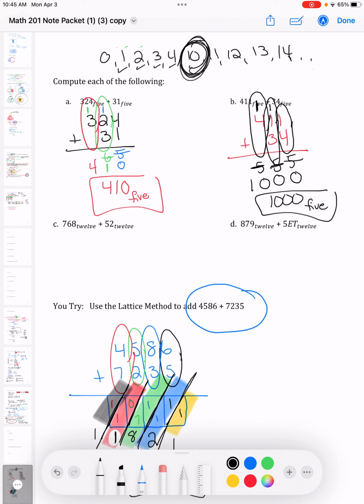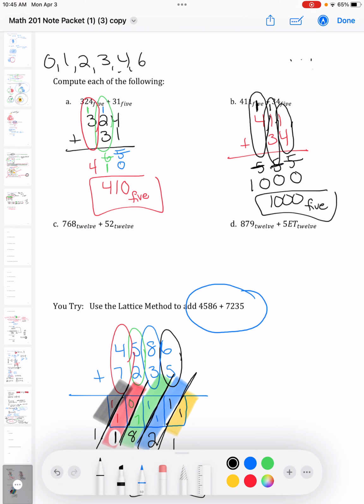All right, let's try our base 12 down below. So remember in base 12, we have 12 single digits. So 10 is a single digit and 11 is a single digit.